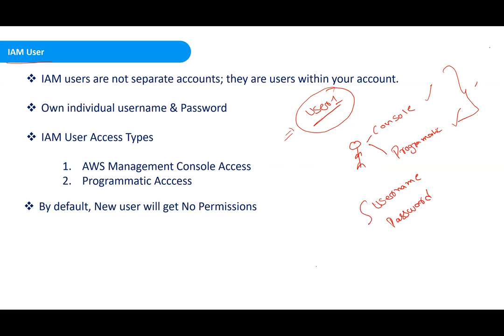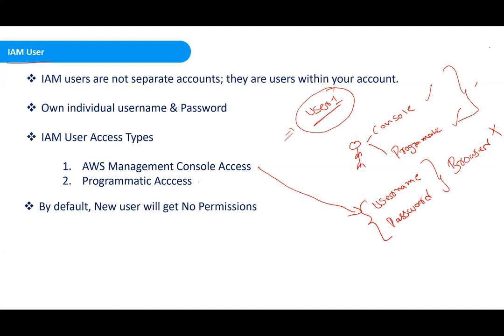If any user got created with the console access type, then the user will get the username and password combination, and the user can log into the Amazon account using any browser, like Chrome, Firefox, or Internet Explorer. Whereas this programmatic access doesn't allow any user to log into the Amazon account using the browser.